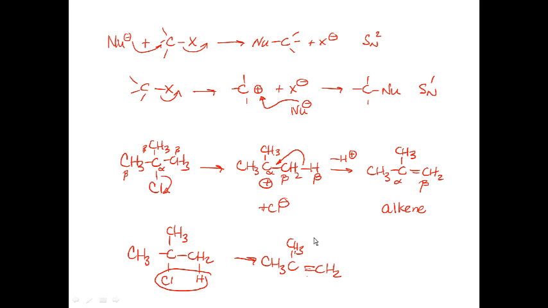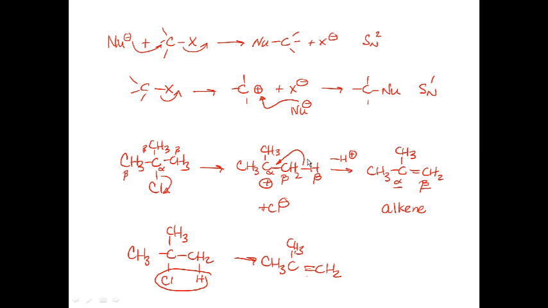Okay, so this is an elimination reaction. And the key thing about elimination reactions is that you will form the double bond between the alpha and beta carbons, and you will lose a beta hydrogen then to form that carbon-carbon double bond.